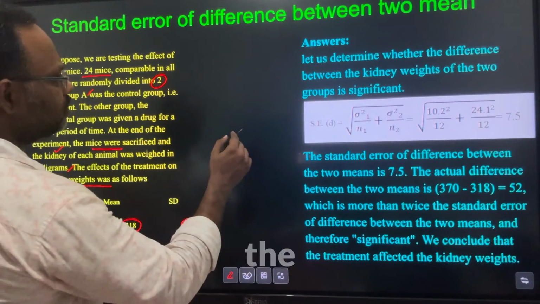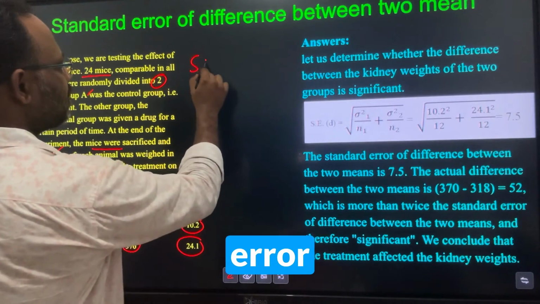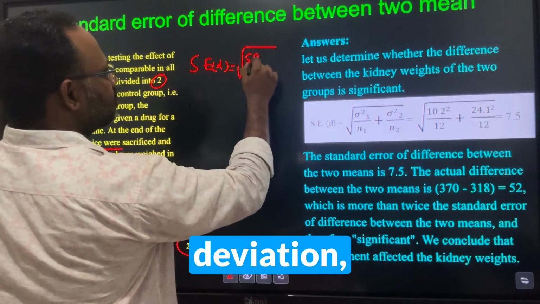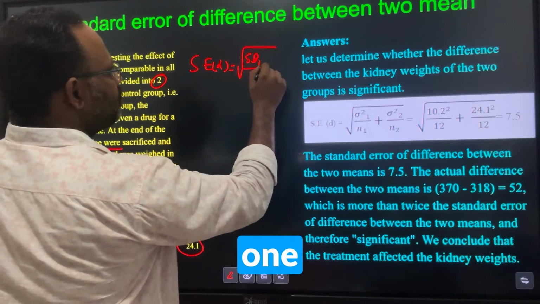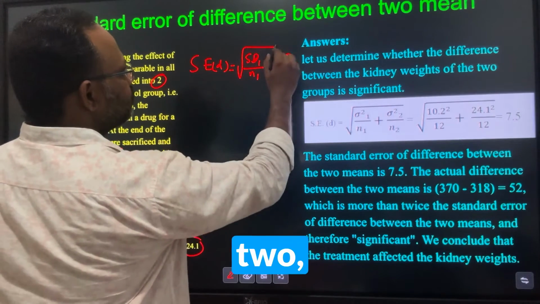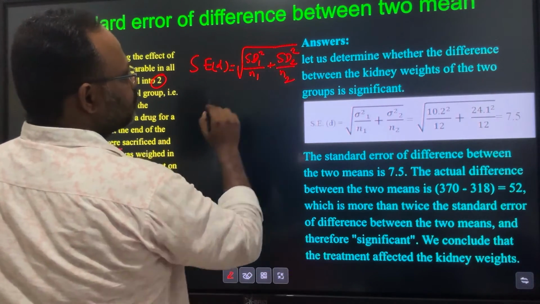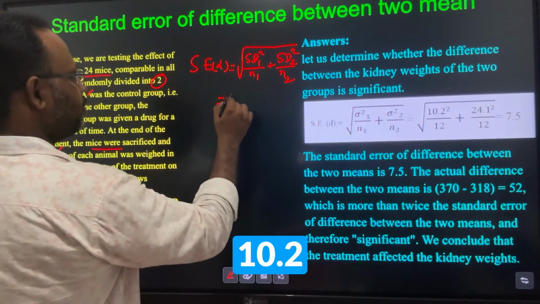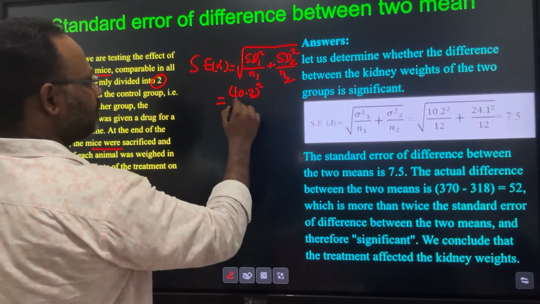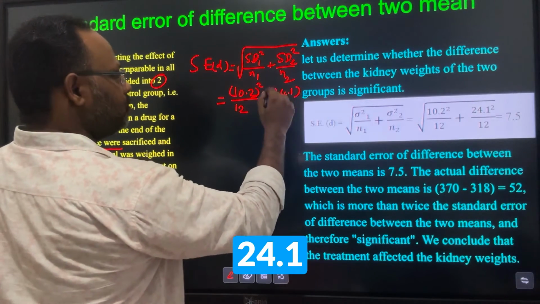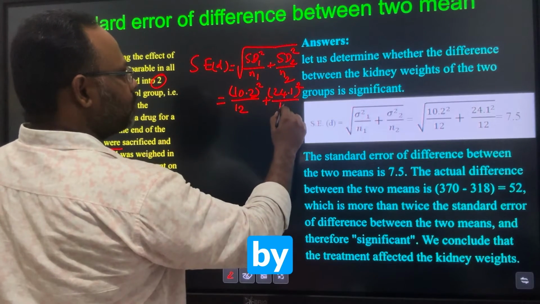As we all know, the formula for standard error of difference is root of standard deviation 1 divided by n1 plus standard deviation 2 divided by n2. Sorry, both standard deviations will be squared. So here it is 10.2 whole square divided by 12 plus 24.1 whole square divided by 12.